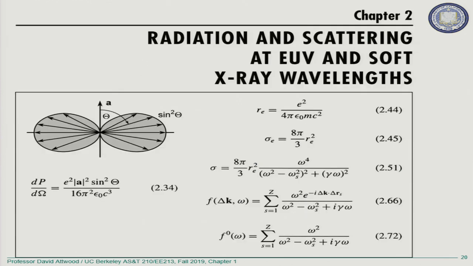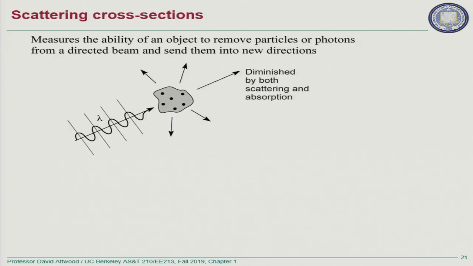So it's chapter 2. Every chapter has this kind of panel on the first page with some key equations. It's very useful if you've read it and you just want to flip back. And so, scattering cross section. Basically, a scattering cross section is the ability to remove particles or photons from their path.